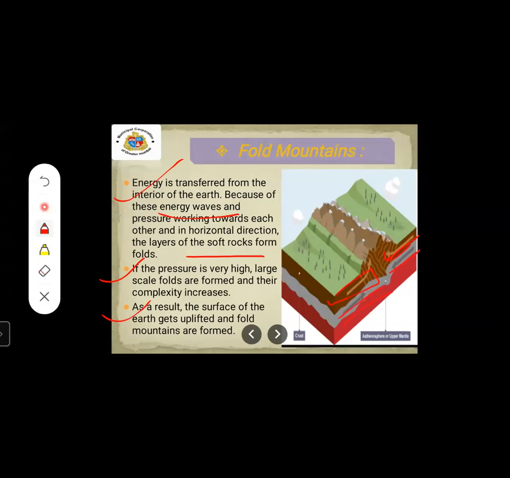Yes, that time you can see there are fold mountains. The surface of the earth gets uplifted, I mean a little bit, it will move in an upward direction. That time you can see there is a fold over there.